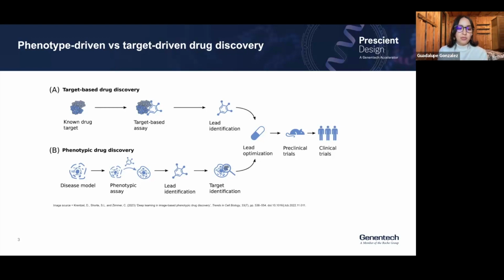The second largest approach to lead discovery or drug discovery is phenotype-driven discovery, where the key element is a disease model. So this is a model that represents either the whole aspect of the disease or certain aspects of the disease. And this can be animal models, cell models, and even human models. And so here, whenever we have certain candidates that we think might be effective, we have phenotypic assays. So these measure what happens in this disease model when we administer each one of these agents.